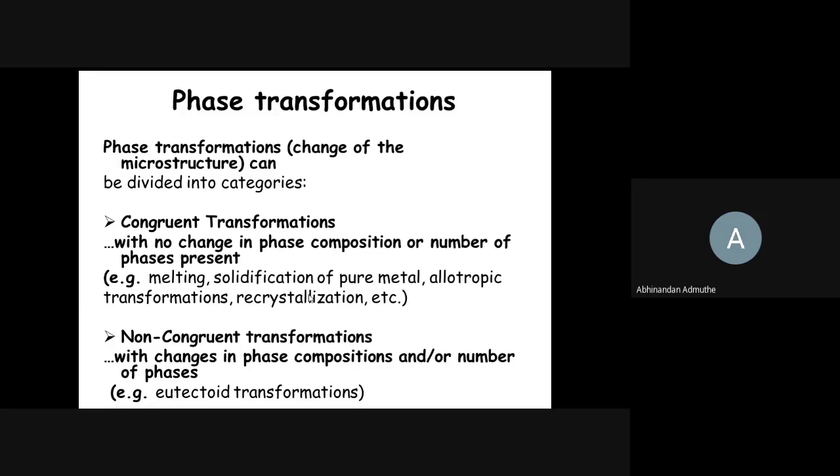Here the phase composition or number of phases does not change. The second type is non-congruent transformations, with changes in phase composition or number of phases, such as eutectoid type transformations. We will discuss these phase transformations in this session.